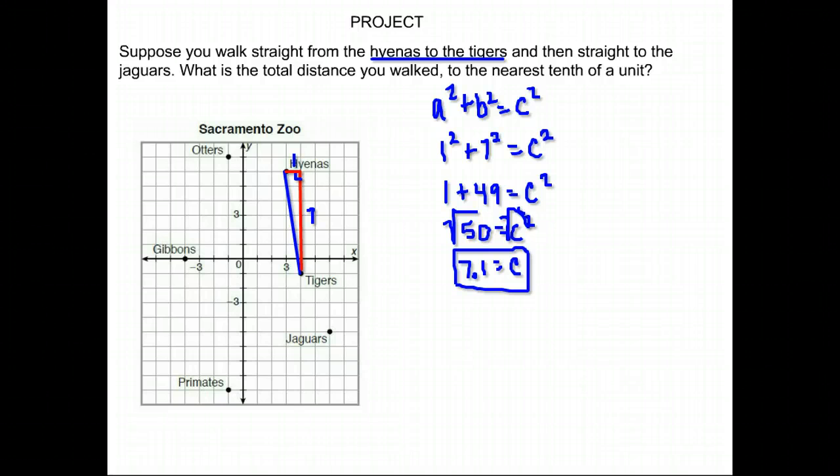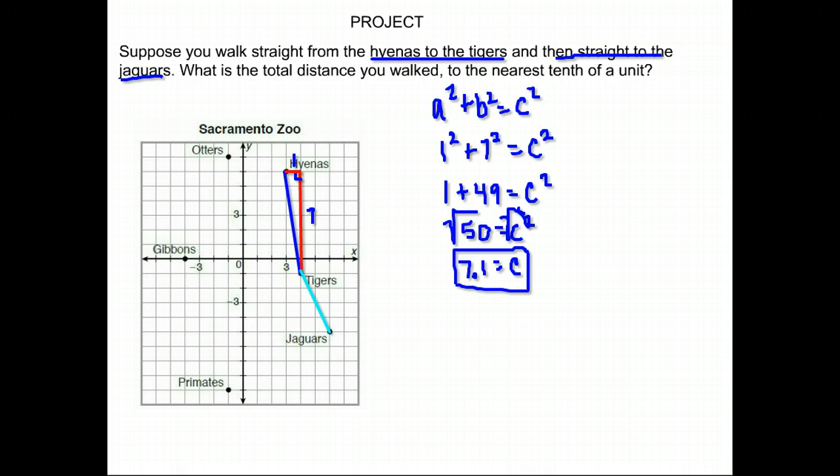Okay, let's take a look at the second part of the journey. It says after you visit the tigers, you go straight to the jaguars. So let me get a different color for my line. Okay, so now we're going to go from tigers straight to jaguars. Again, we want to form a right triangle.